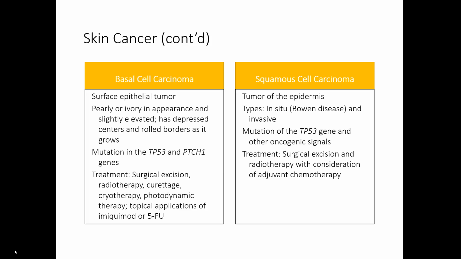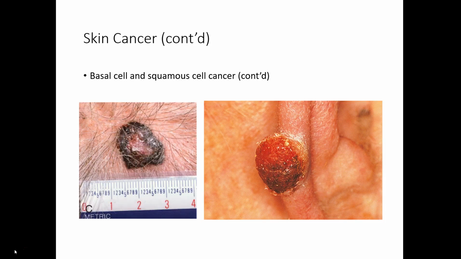It's a mutation of the TP53 and other oncogenic signals. Treatment is surgical excision and radiotherapy with consideration for adjuvant chemotherapy. On the left is a basal cell, whereas on the right is a squamous cell carcinoma.